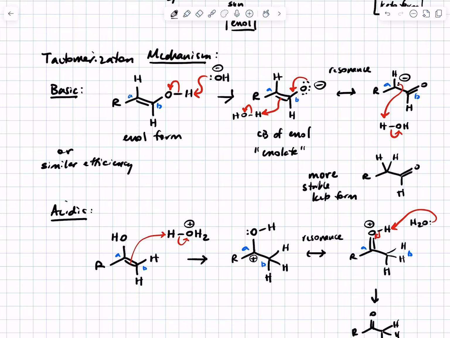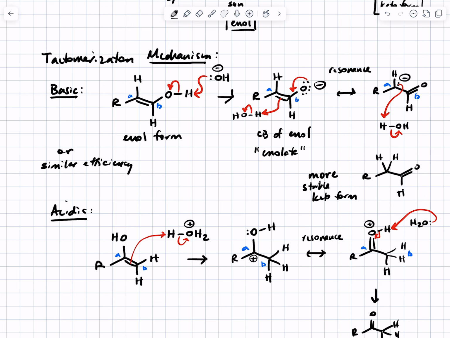And that means that even in pH 7 water, an enol will tautomerize to the more stable keto form. So you don't need to worry about how do I know if the enol is going to tautomerize. It will. Whether you're under acidic or basic conditions or even in neutral water, it will tautomerize.